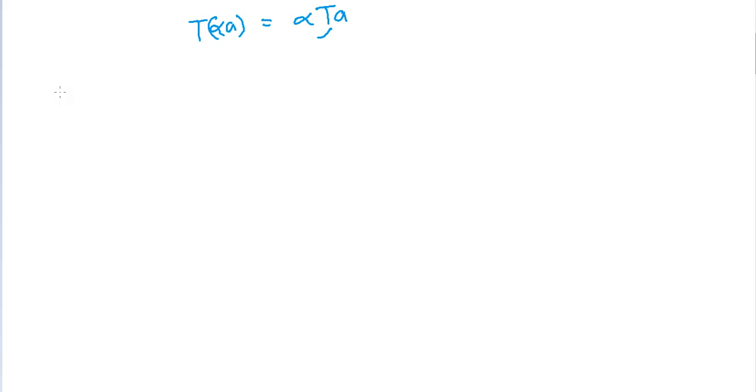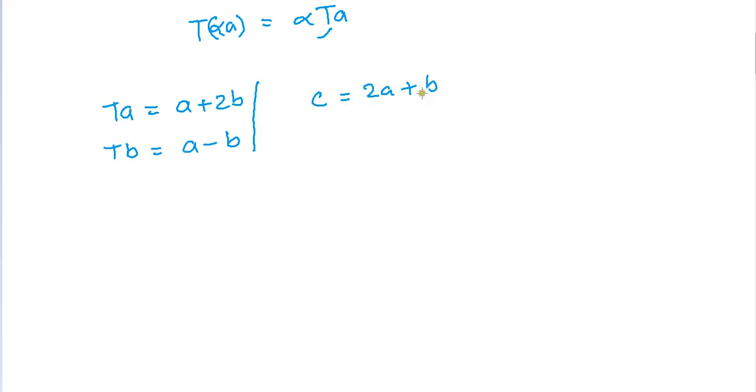Here, if we have two vectors A and B, and T transforms A and B in such a way that we are given T of A equal to A plus 2B, and T of B equal to A minus B. We are also given another vector C equal to 2A plus B. Then we are asked to find the transformation of C.